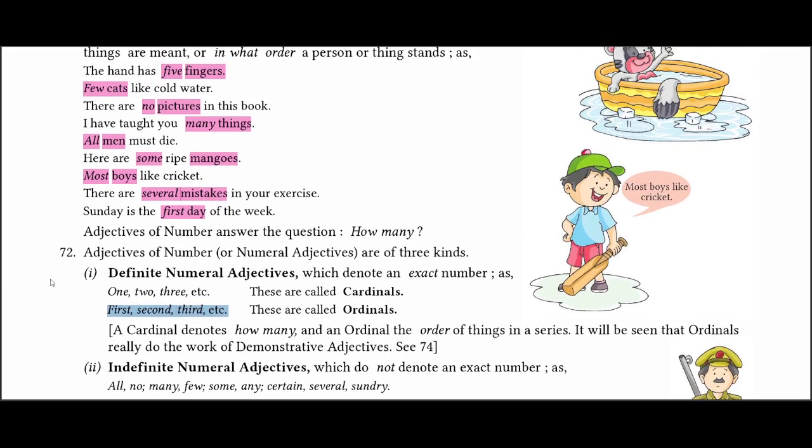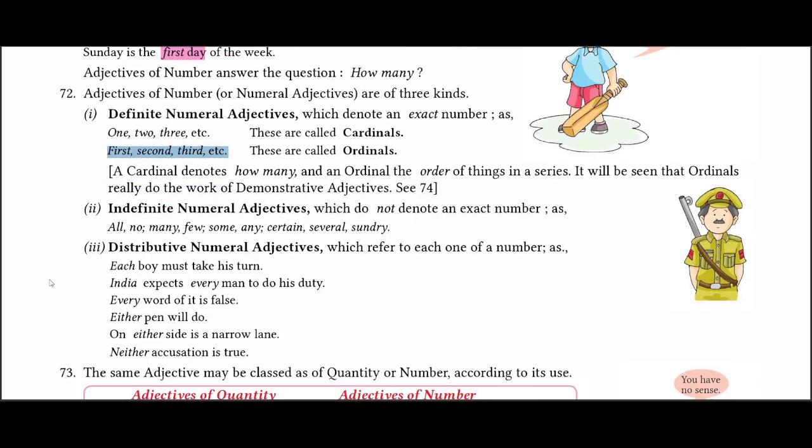Now, indefinite numeral adjectives: all, no, many, some, certain, several, sundry. These adjectives never tell the exact number of the noun. So they are indefinite numeral adjectives.